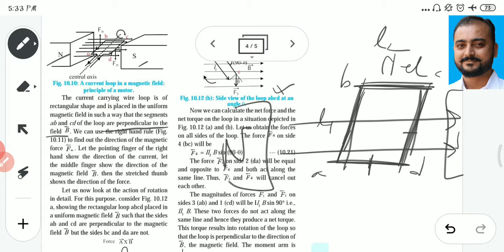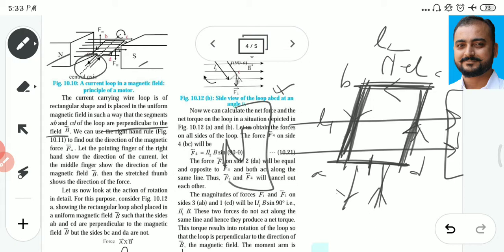After that, as you apply Fleming's left hand rule, what do you observe? Initially, as shown in this diagram, the current enters from this branch, moves like this, and comes out from this one. In the case of AB, the current is moving towards you.